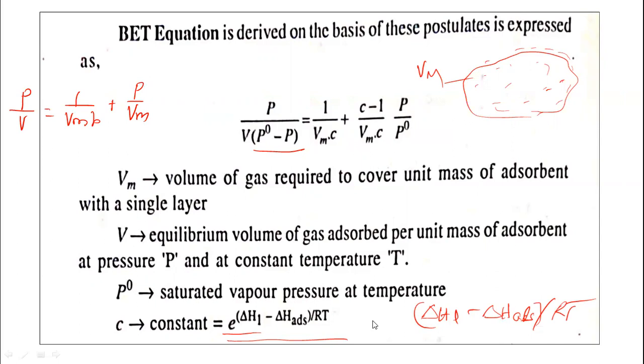And Vm is the volume of the gas required to cover the unit mass of the adsorbent with a single layer. To form this single layer, all the surface area is covered, and whatever that volume is, it is called Vm. V is the equilibrium volume of the gas adsorbed per unit mass of the adsorbent at that pressure at constant temperature. So this is the BET equation here.